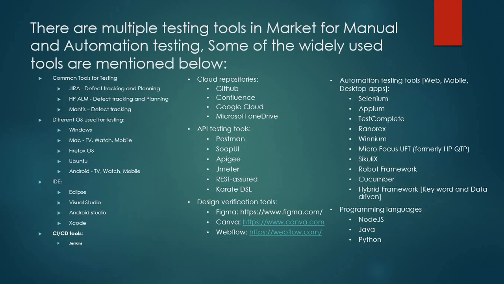So the first one, let's get started with the common tools which we use for testing. Some of the common tools which we use for testing are Jira, HPALM, Mantis. Jira is a defect tracking and planning management tool. HPALM also does the same work. And Mantis, we have defect tracking and then planning also.